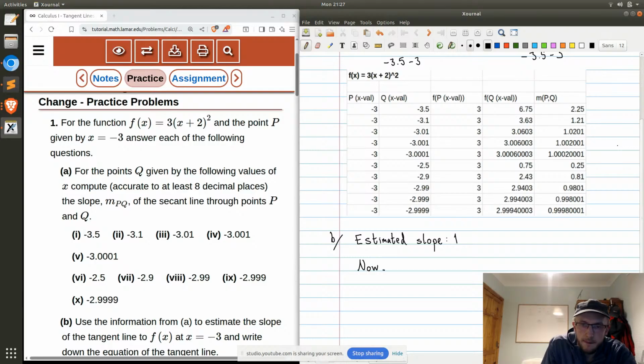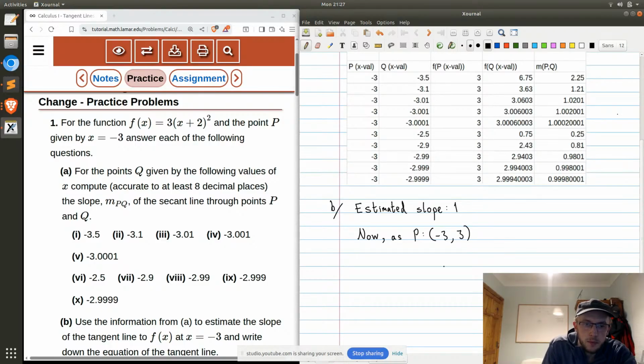Now, as P is (-3, 3), we use y minus y1 equals m times (x minus x1).